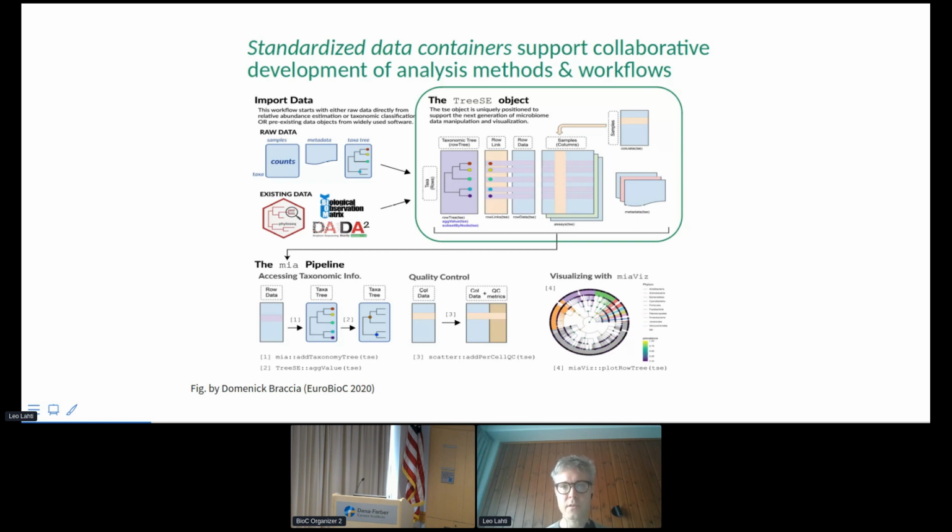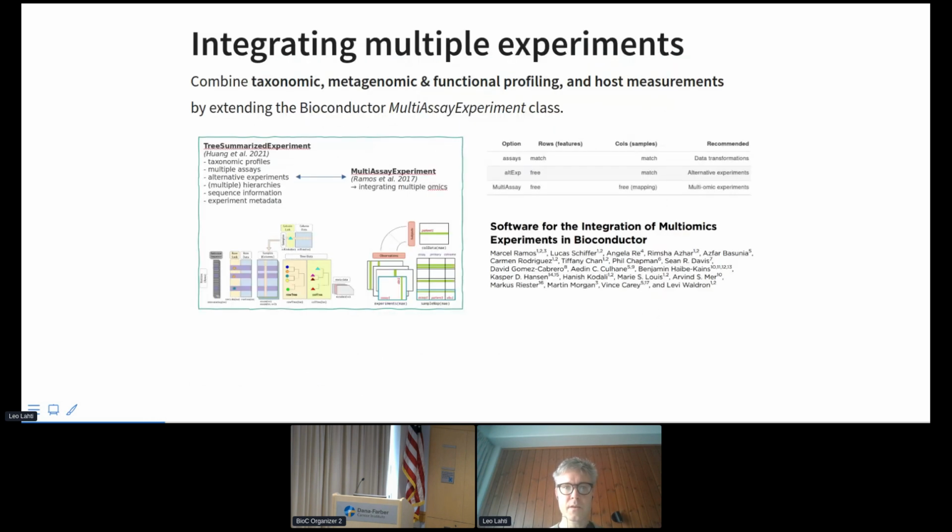This is, of course, the standard workflow for Bioconductor analysis applied in different applications, but we have now started to build the microbiome ecosystem around the TreeSummarizedExperiment container. And the advantage of this container compared to some former similar studies is that it provides enhanced ways of integrating the different types of data. All right.